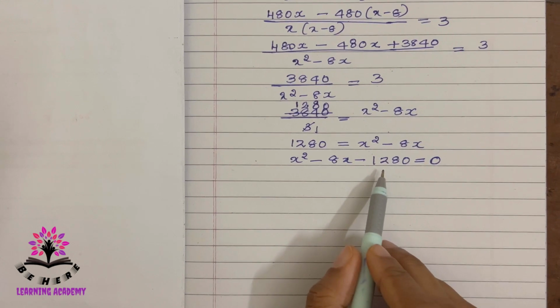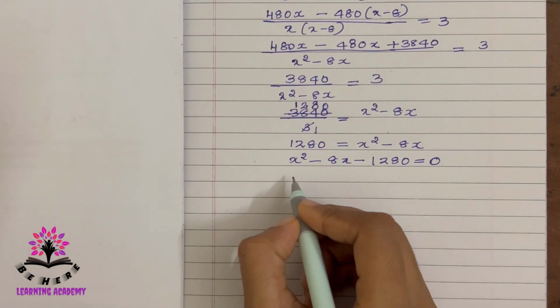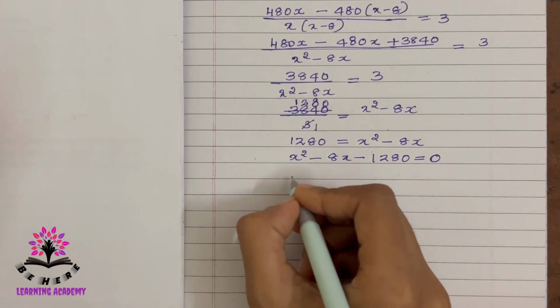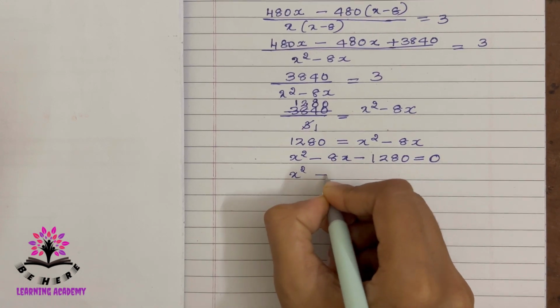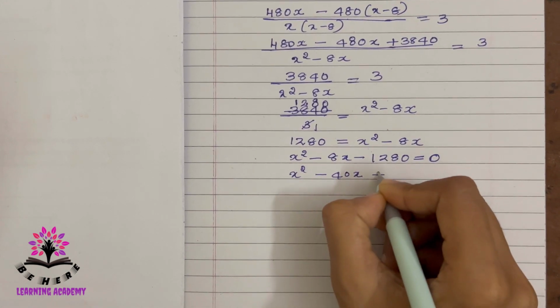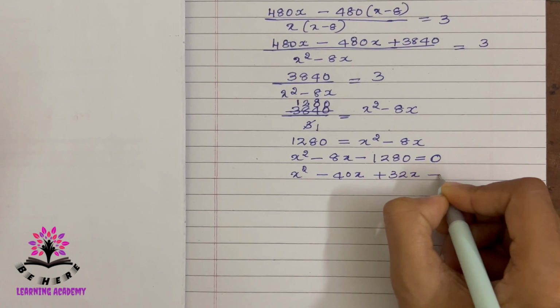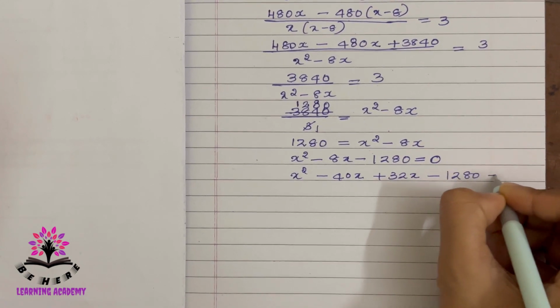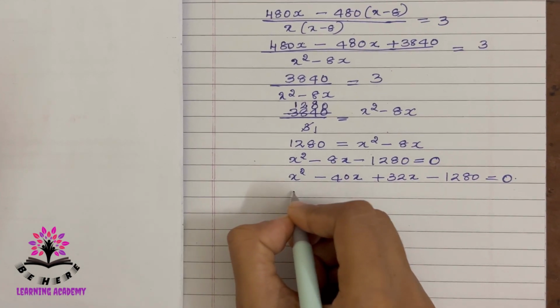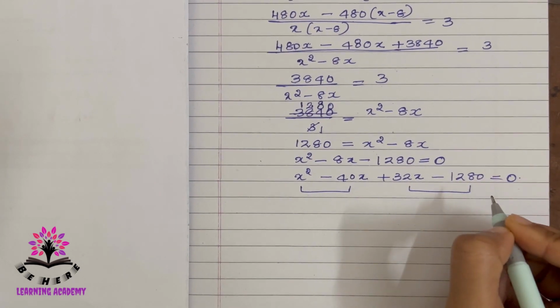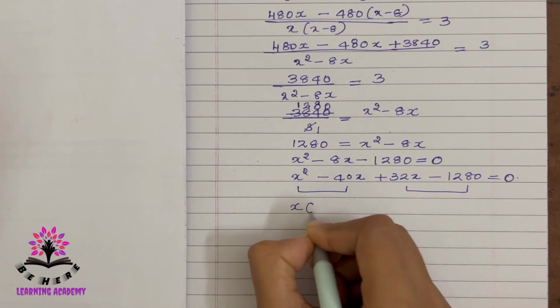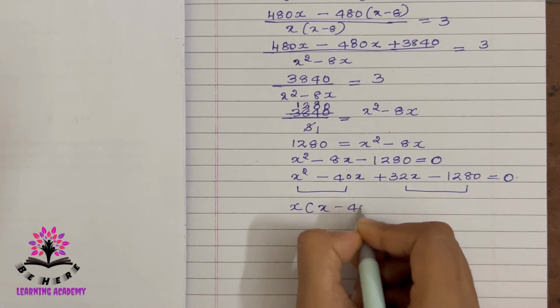Further, you have to solve this equation using the splitting method. So I will do it directly here. It will be x square minus 40x plus 32x minus 1280 will be equal to 0. So grouping here, x is common, x minus 40.